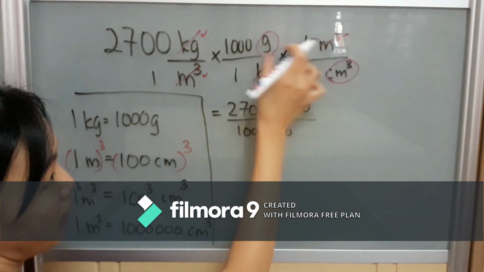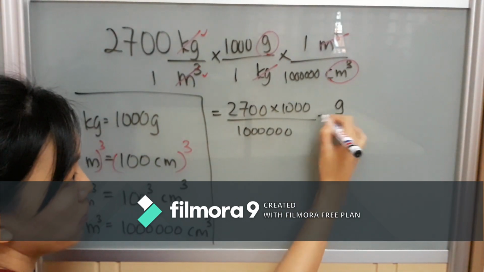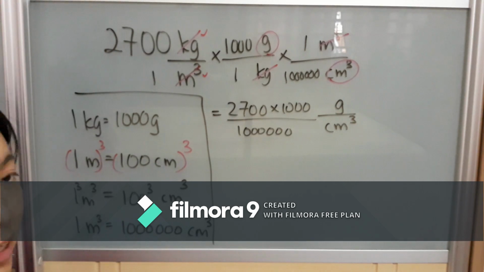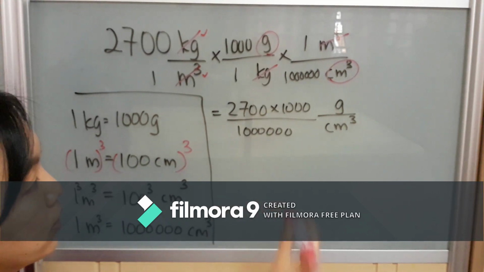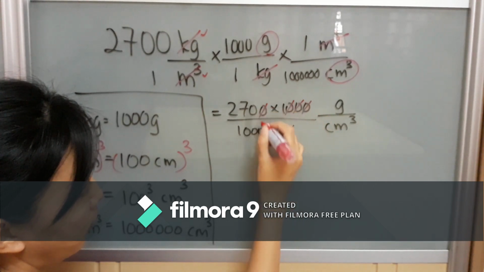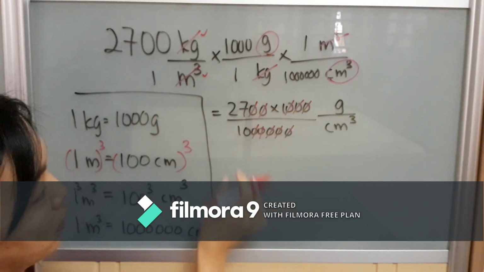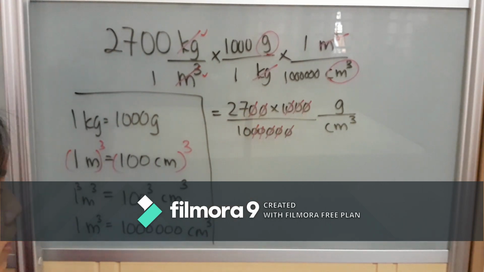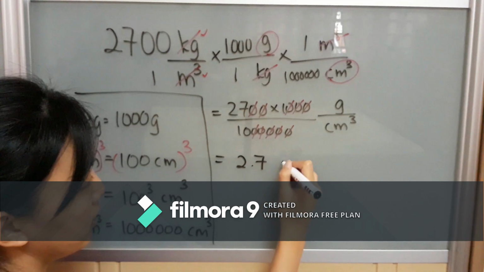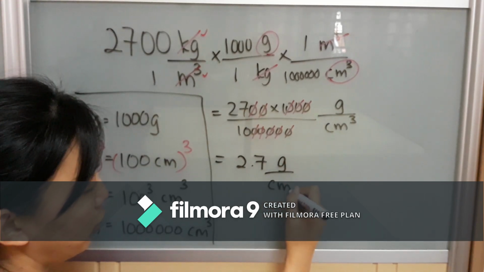Now, gram per cm cube, gram on top, cm cube at the bottom. You can press everything into the calculator, or I can also slash them. 3, 4, 5. 27 divided by 10. Easily I'll get 2.7 gram per cm cube.